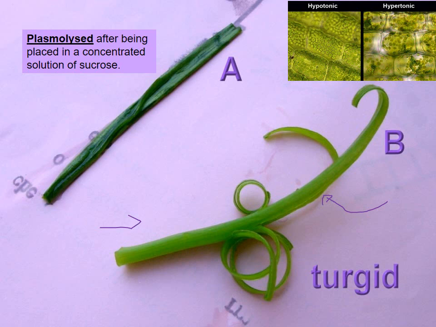Here we can see a plant that was placed into a sugary solution, like corn syrup. The plant was placed in there, and because the solution is sugary and has a high molarity, 3M, and the plant cells might have had a lower molarity, like 1M, a whole bunch of water started to leave it. And so it became plasmolyzed. In fact, you can even see that in the plant cells here.